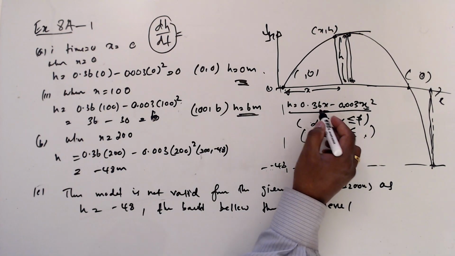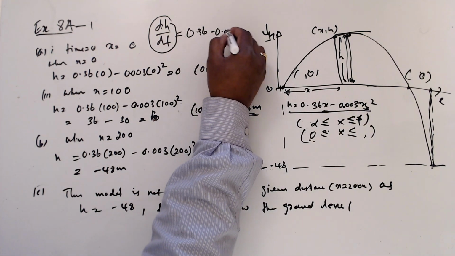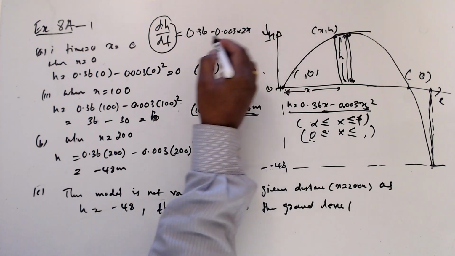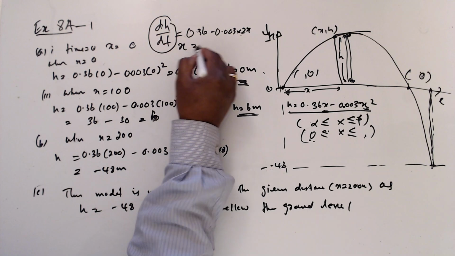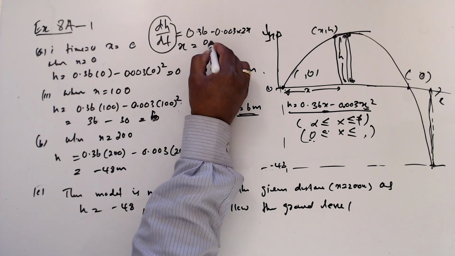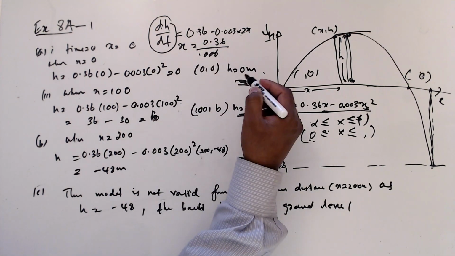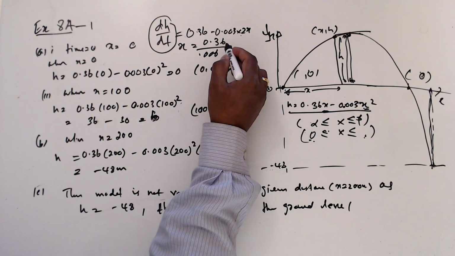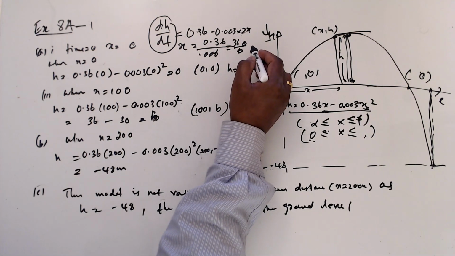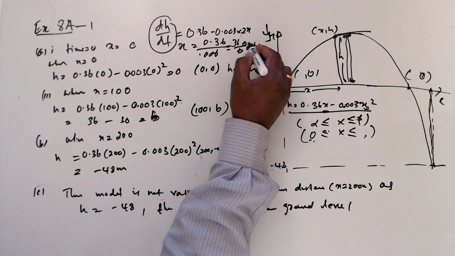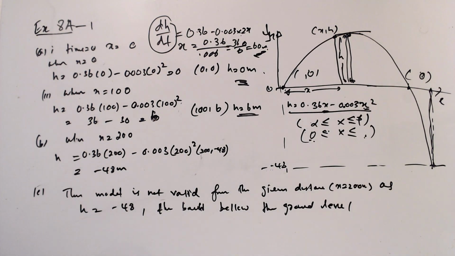So dh over dx is going to be 0.36 minus 0.06x. When this is equal to 0, x equals 0.36 divided by 0.06. So in that case, 360 divided by 6, so 60 meters.